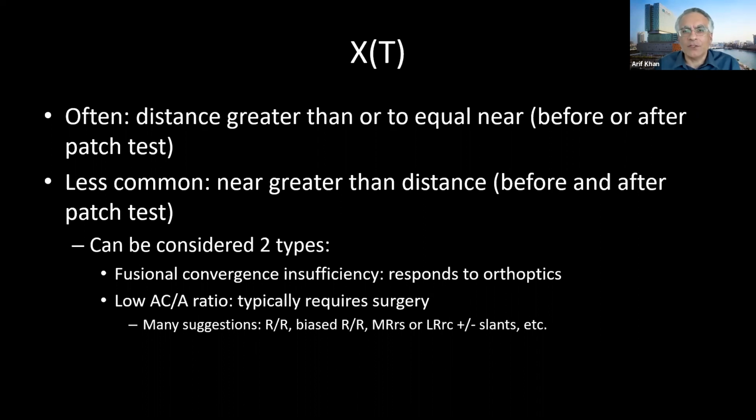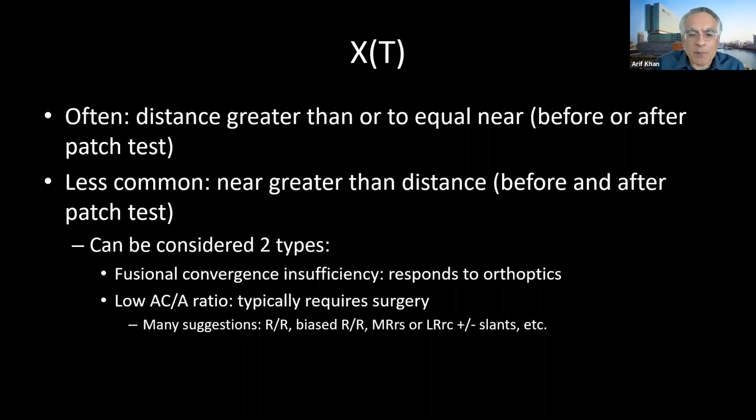Some people say you have to do medial rectus resection. Some people say lateral rectus recessions. Some people say it's slanted so that the inferior pole is further back than the superior pole so that you get the near deviation more for the recession, and for the resection, vice versa.